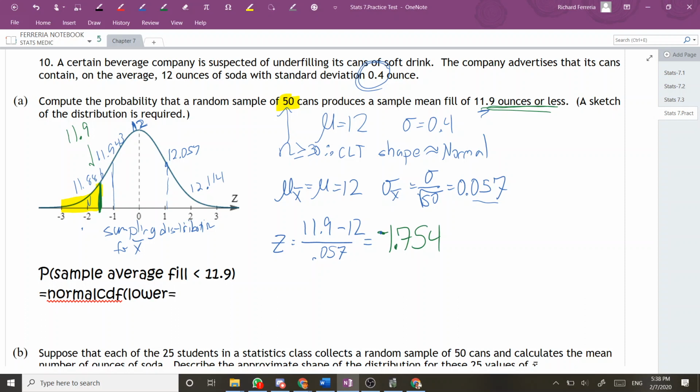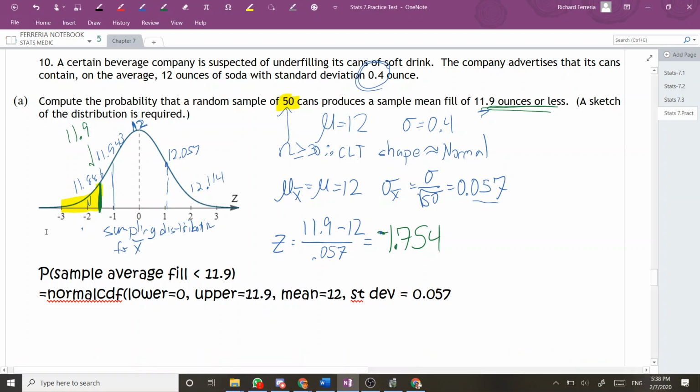Actually, we can say it's 0. The upper is equal to 11.9, the mean is equal to 12, and the standard deviation is equal to 0.057.